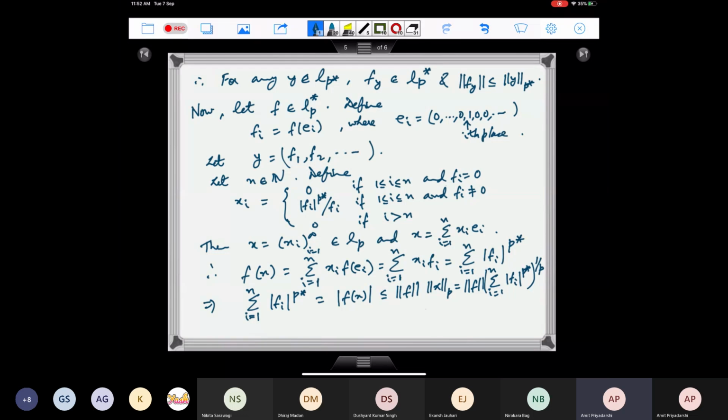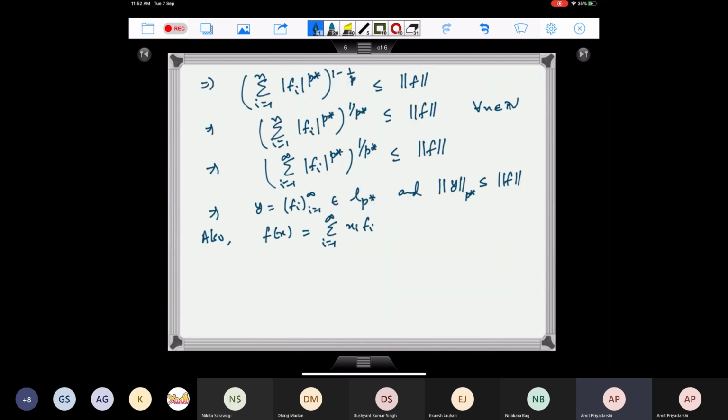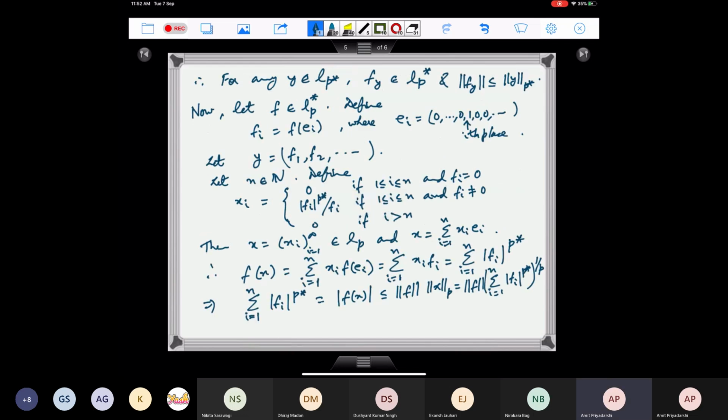So this is true for any x belonging to LP, right? Because f is in LP star.